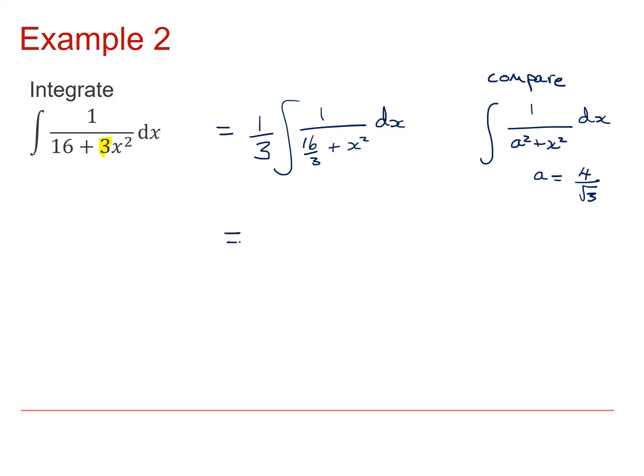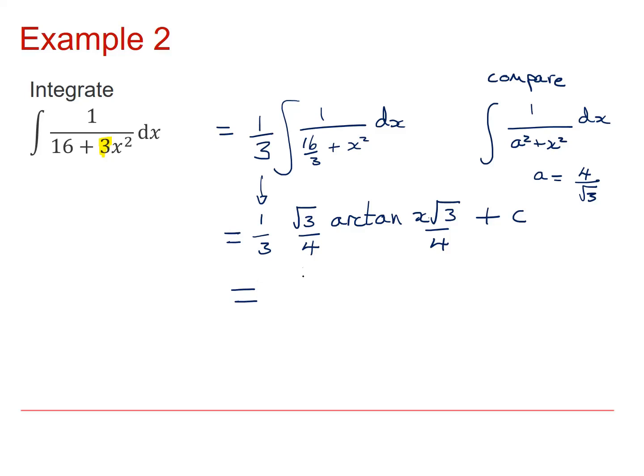So I can write down the result. I need the 1/3 copying through from here. And then I need 1 over a, which is root 3 over 4, times arctan of x over a, so that's x root 3 over 4, and that's plus a constant.